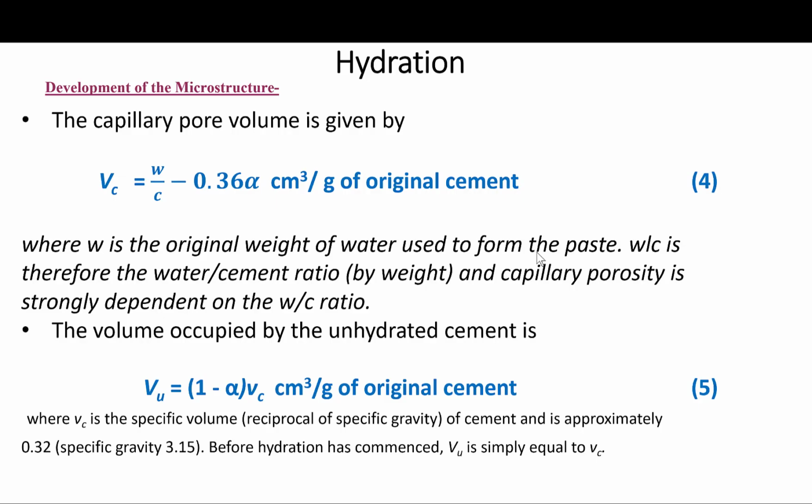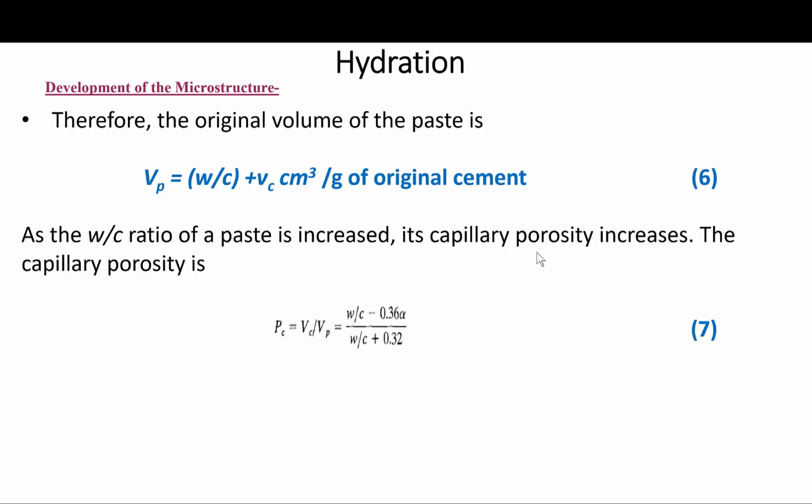So before hydration has commenced, the V sub U is simply equal to v sub c. The original volume of the paste is represented by this equation, V sub P, which equals the water cement ratio plus v sub c, expressed in cubic centimeter per gram of original cement.